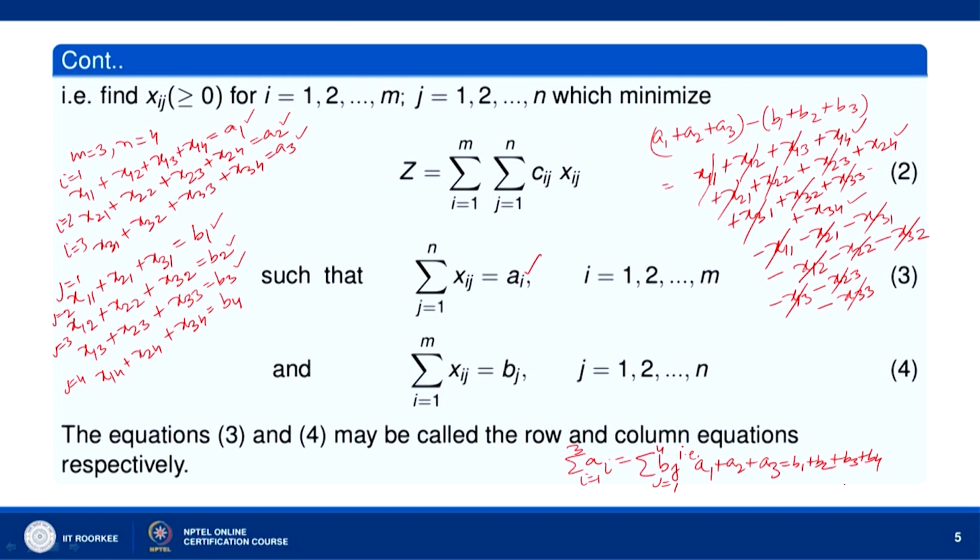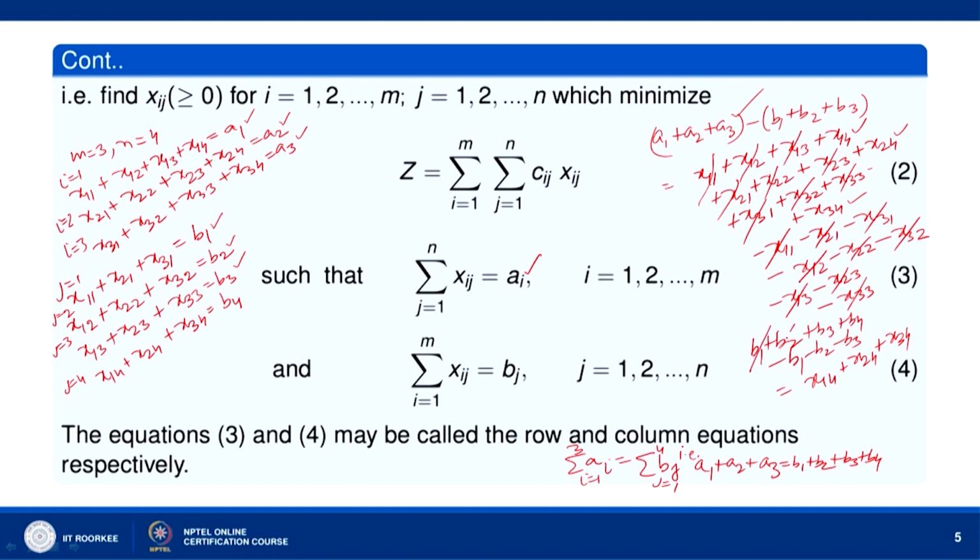This is given to us. So A1 plus A2 plus A3 equals B1 plus B2 plus B3 plus B4 minus B1 minus B2 minus B3, which equals x14 plus x24 plus x34.